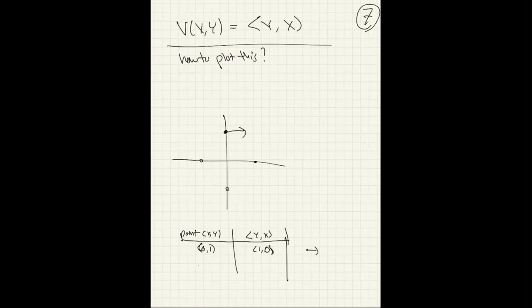If I'm at 0, -1, well, I got to flip them, and I've got -1, 0, and this looks like this vector. So down here, I'm pointing this way. And let's see, this is 1, 0, and this becomes 0, 1, and that looks like something that opens up vertically, something like this.